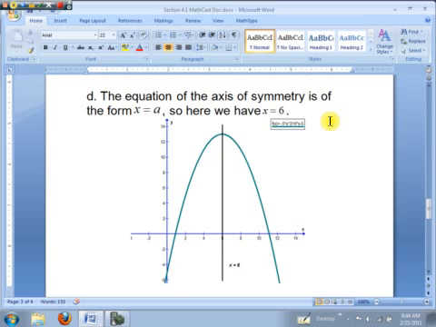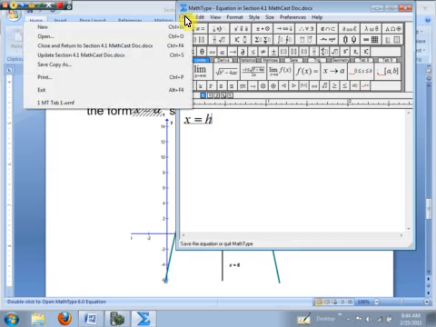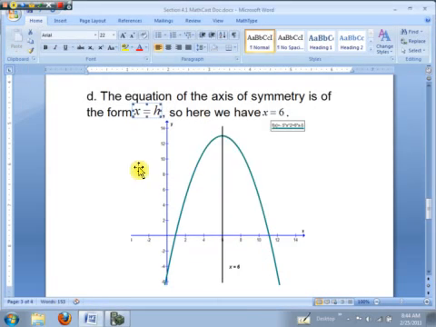Actually, we might want to call that h instead, just to be a little bit more specific. So that's 6 in this case. So look, here's the vertical line, x equals 6. Here's our graph of the function we had, negative 1/2 x squared plus 6x minus 5. And so there's our axis of symmetry, meaning the graph is a mirror shape of itself about that axis.